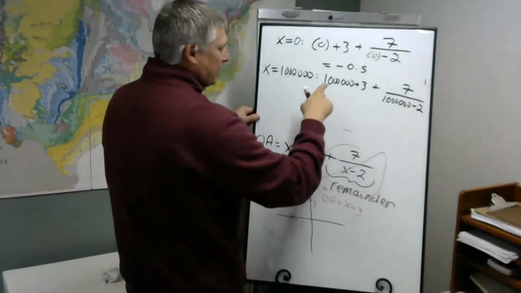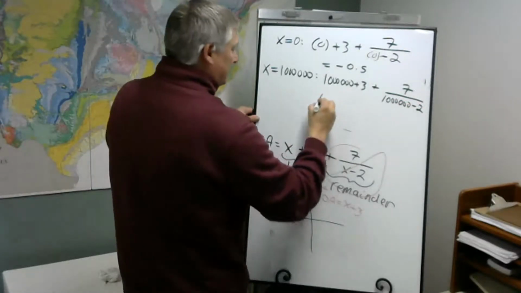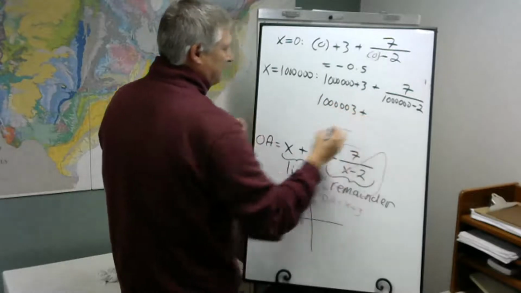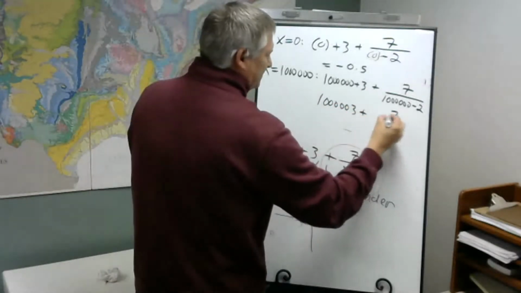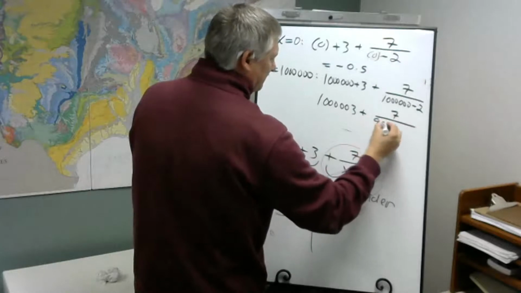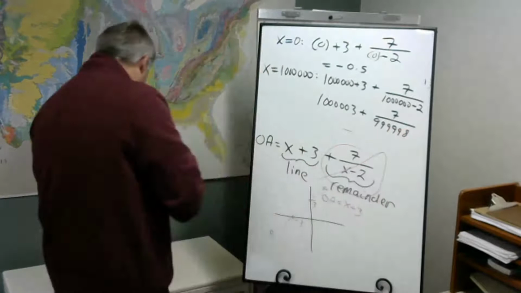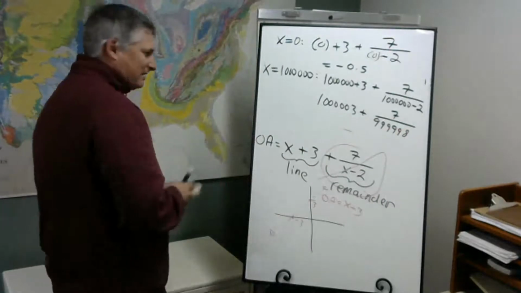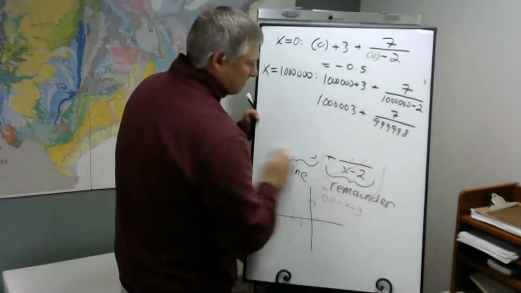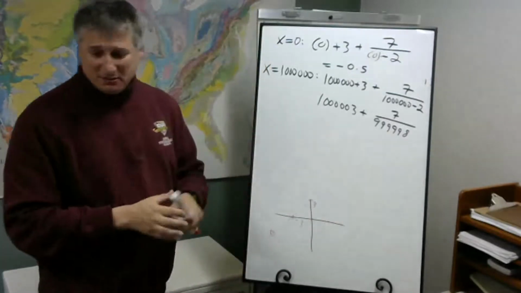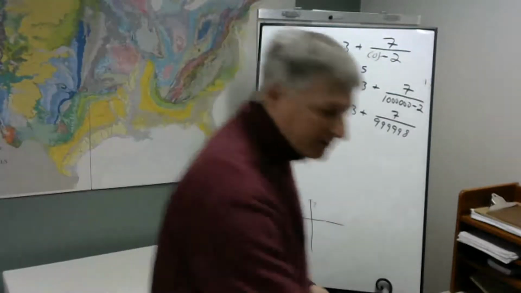So the line part, the x plus 3, this becomes 1,000,003. But this over here, the remainder part practically disappears. Let me grab a calculator and let me show you.